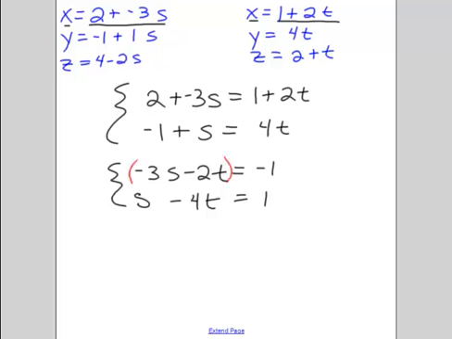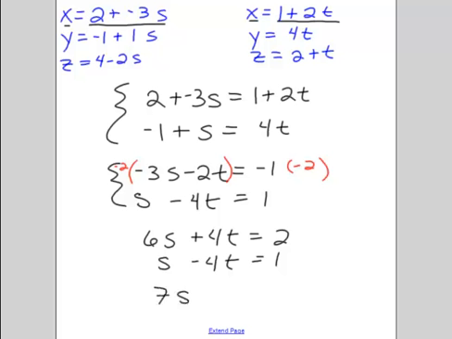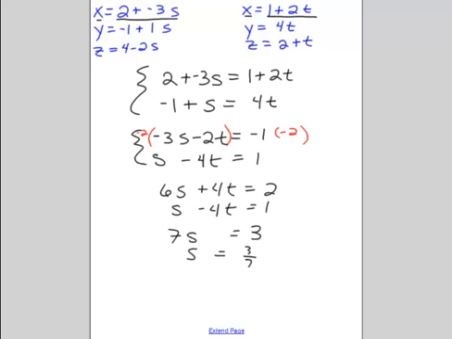Multiply the top one by negative 2. So when I do this, I get 6s plus 4t equals 2, and s minus 4t equals 1. Add those up, I get 7s equals 3, so s equals 3/7.